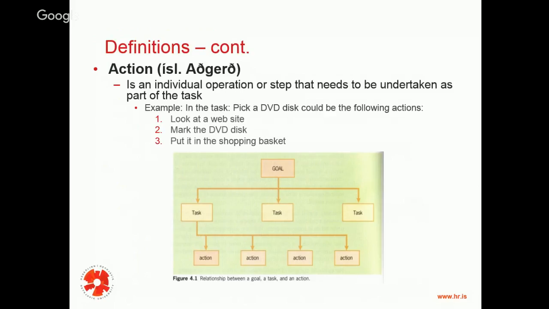And then each task could also be broken down into actions. So a goal is actually a big thing, the whole thing, and then you can break it down into smaller tasks and each task into actions. So when defining your user goals for the persona, you should think that you are actually defining something like a big achievement.